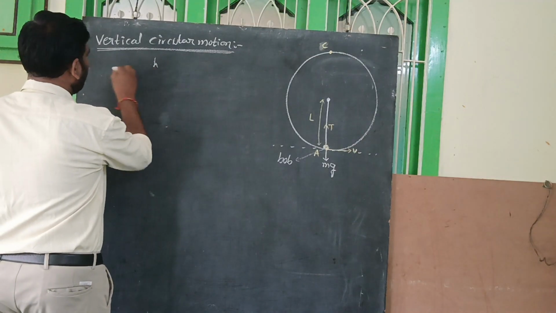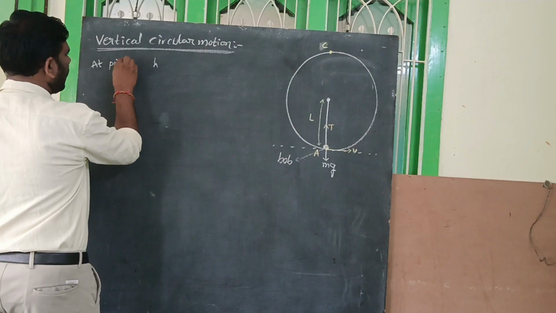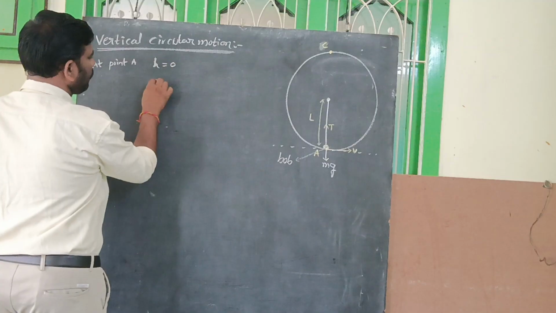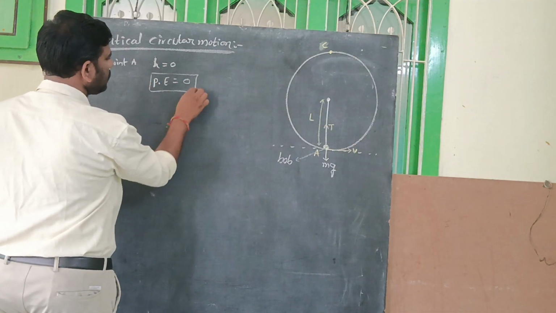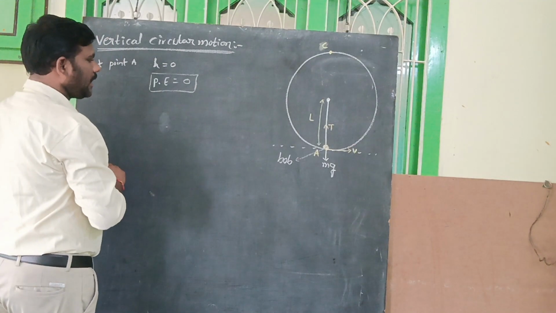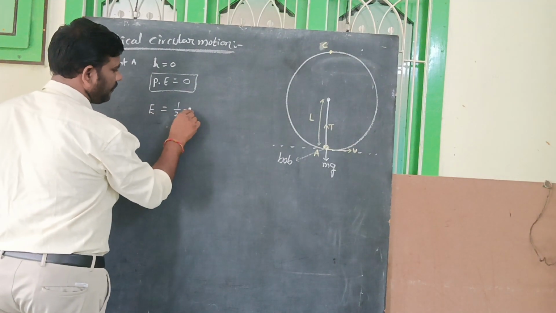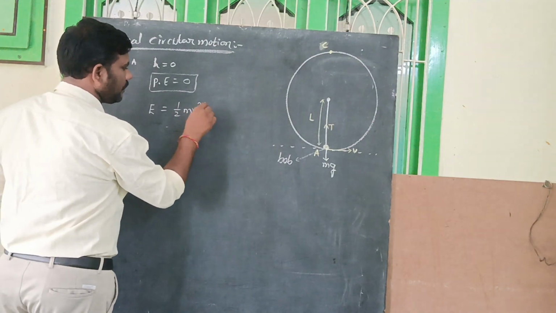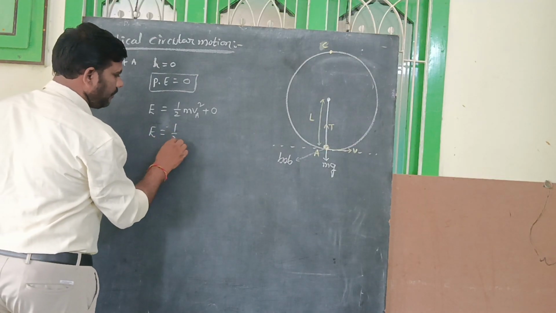So at point A, the lowest point, the potential energy is zero. Then the total mechanical energy is E equals half m v_A square plus potential energy zero, so finally E equals half m v_A square.